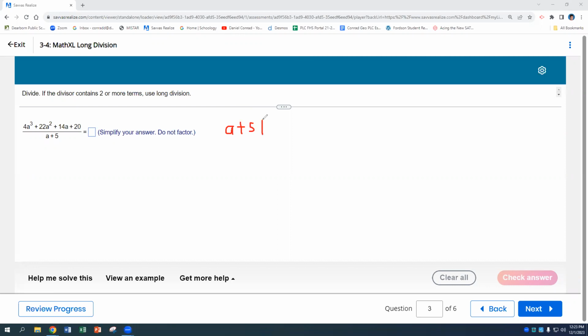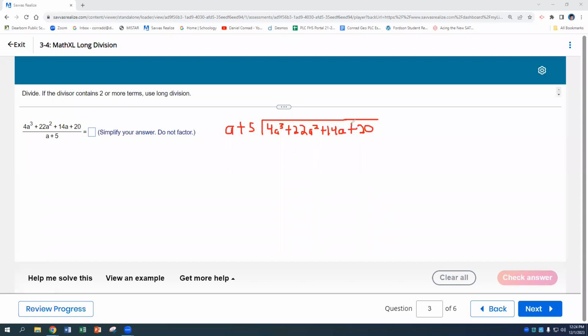Okay, and then we're going to divide that into 4a to the third plus 22a squared plus 14a plus 20. It's just hard to write a's, I think.